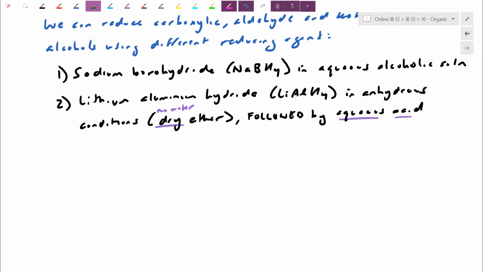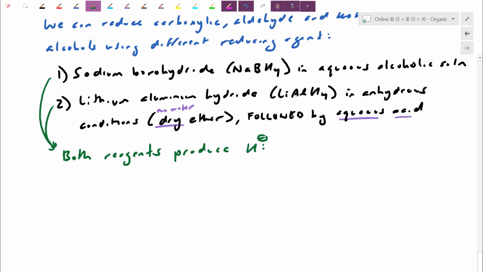Again, you don't need to know the mechanism for this here, but just a little bit of detail. Both of these reagents, and reagent is just a fancy word for reactant, okay? Both reagents produce the hydride ion, the H- ion.